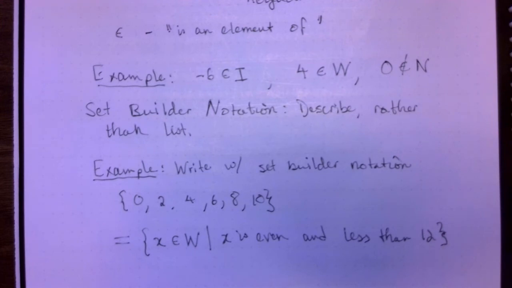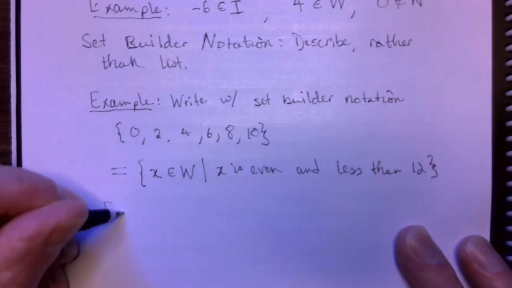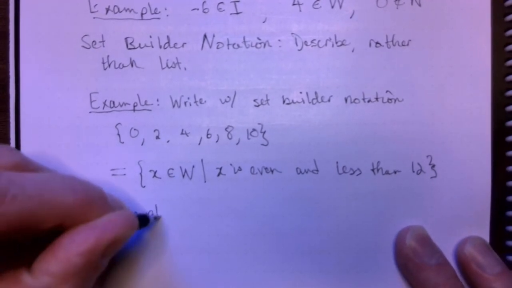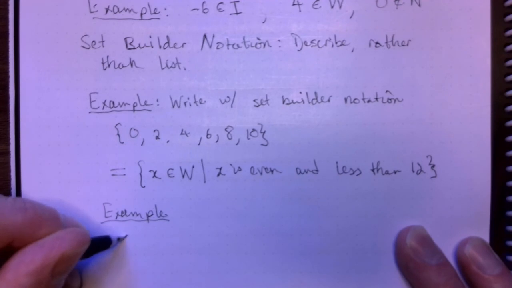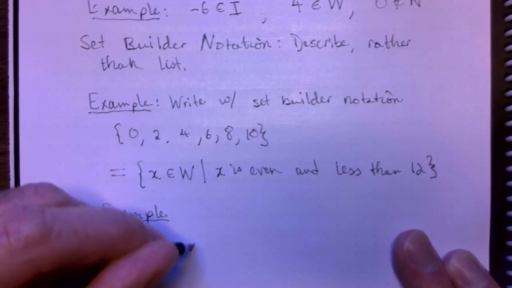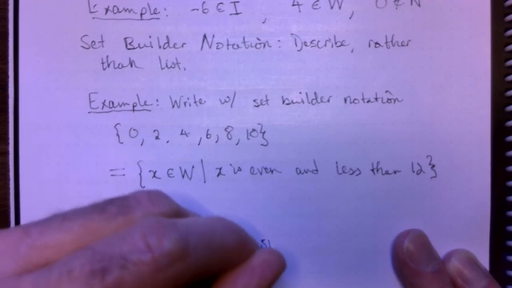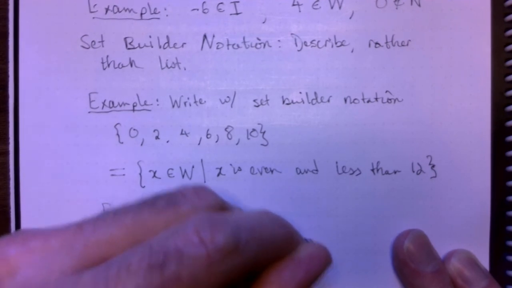So we'd be talking about the set of all x, such that x is a freshman at Southwestern. In fact, let me write that down here so we have it. So the set of all students x, such that x is a SWOSU freshman.